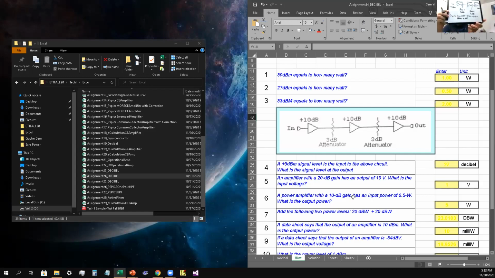So you take a 3 plus a 10, so 13 minus a 3, and that comes back to a 10, and then plus a 10, so that's 20. 20 minus a 3, so that's 17. And 17 plus 10 equals positive 27 dBm. Can you make that bigger so we can see it?